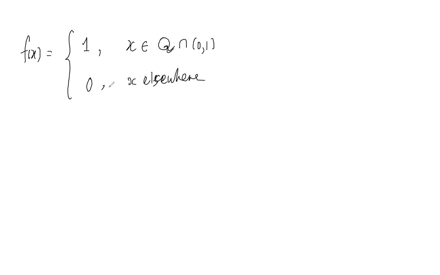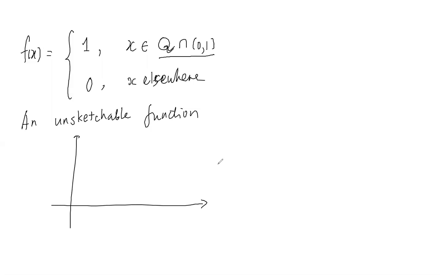All right, when my x is a rational number, I give it a 1. Otherwise, I give it a 0. This is an example of an unsketchable function. In principle, you can't really sketch this function because, okay, just to see why you can't sketch this function.